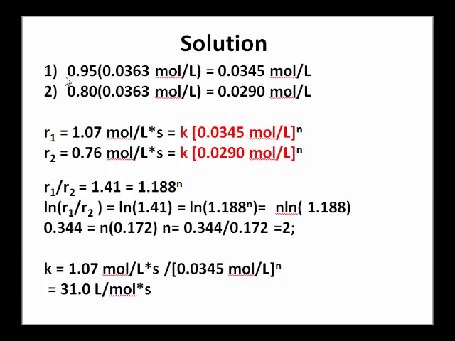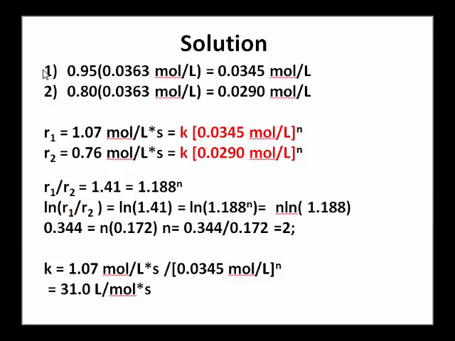For example, when 5% has reacted, 95% is left. So we can find a concentration when 5% has reacted, 0.0345 moles per liter. And likewise, when 20% has reacted, that means 80% is left, and we can multiply that by the starting concentration of 0.0363 moles per liter to get 0.0290 moles per liter.